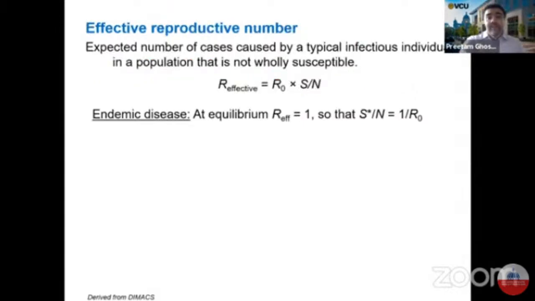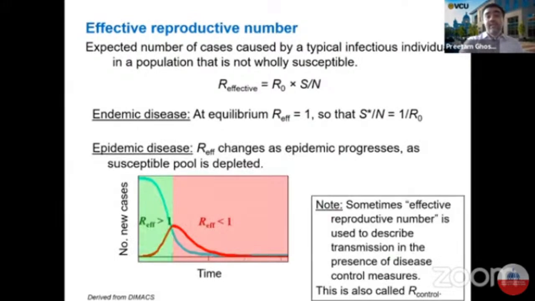There is also this concept of effective reproduction number. R naught is generally a fixed quantity for a disease, but different zones will have different values of R effective. That's very important when you're trying to figure out the level of herd immunity for a specific zone, because the number of susceptible in different zones as a percentage of the total number of people in that zone keeps changing, right?